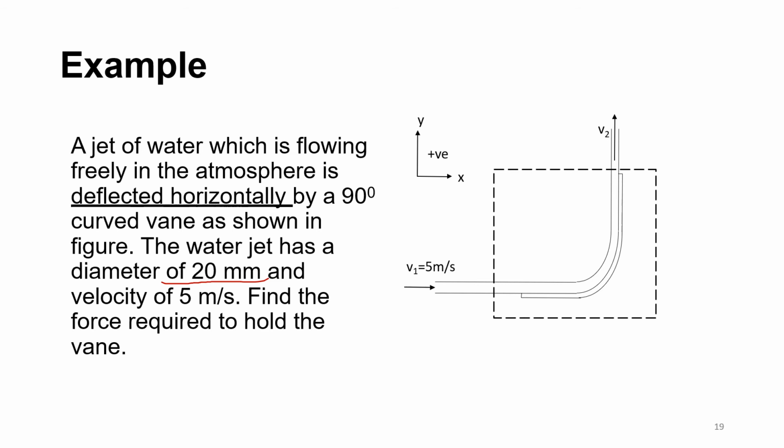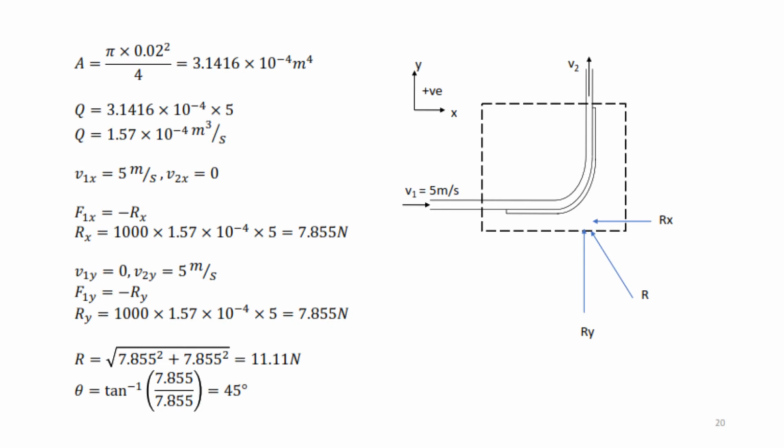This one is v1x. Here we have v2x, and v2x is 0. Then we have v1y is 0. Here we have v2y. Okay, this is how we solve the problem.